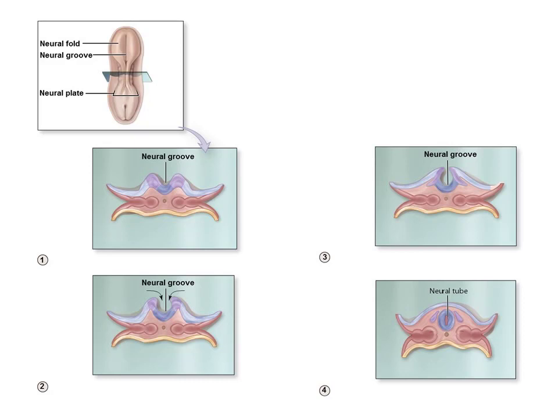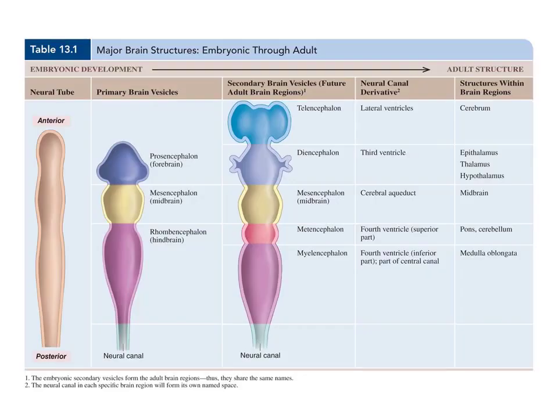And that part that rolled up is now more inferior. It's deeper to that tissue, and that's going to be your neural tube, and that's going to develop into your central nervous system, all along the length of your body. All right, we're good with neural tube? All right, so now this picture, you start on the left.